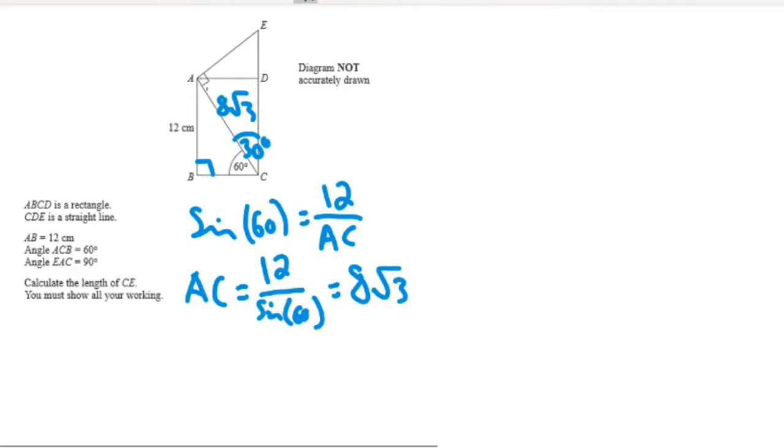The side that we have, because it's touching the angle, but it's not the long diagonal, that makes it the adjacent. And we're after the hypotenuse. Adjacent and hypotenuse, that's going to be cos. So the cos of 30 is going to equal the adjacent that we know, the 8√3, over the EC or CE, it doesn't really matter which way around you write it.